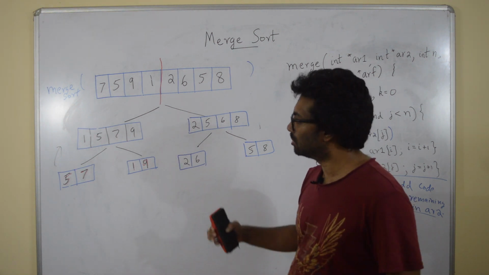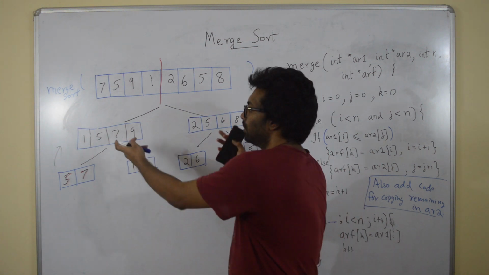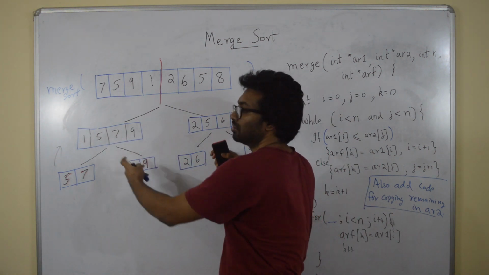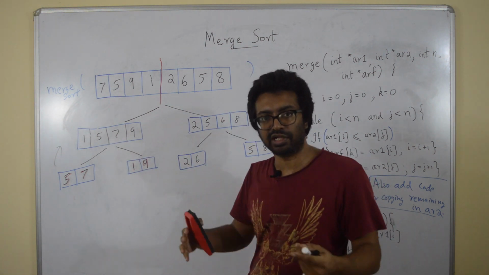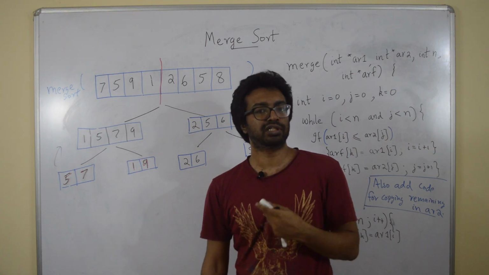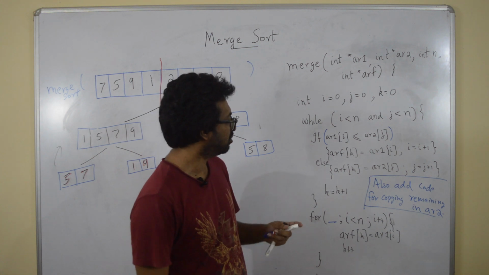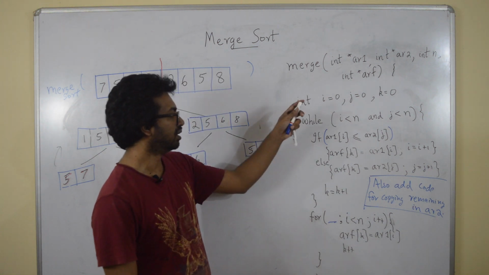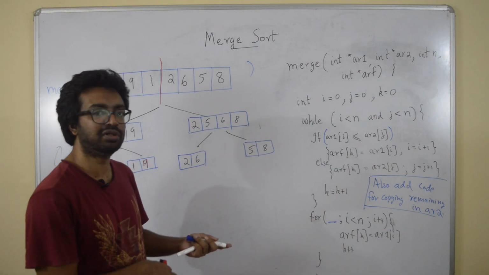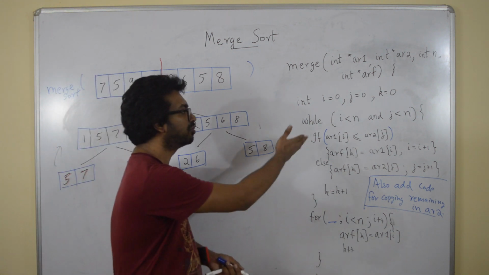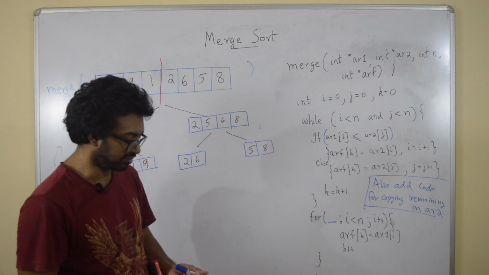So once it is split into two halves, let's say you get these two parts, the sorted arrays, and then there is some work involved to merge. How much time is taken to merge? The time taken to merge is basically this function, and we can just check how much time it takes. This while loop runs for order n times, right?